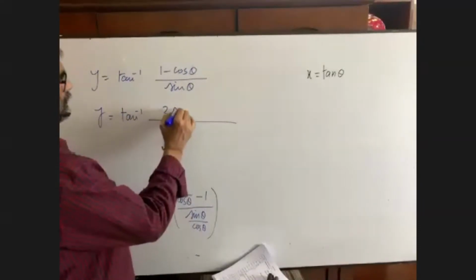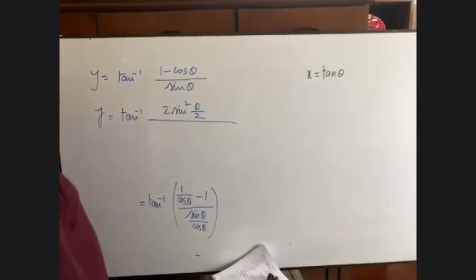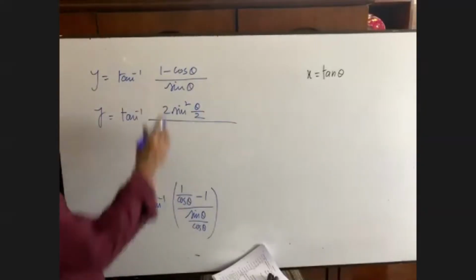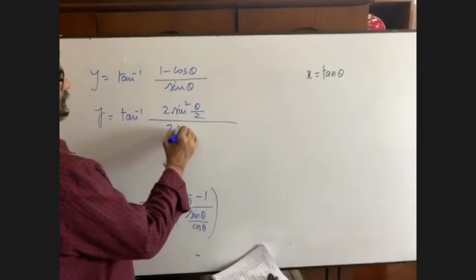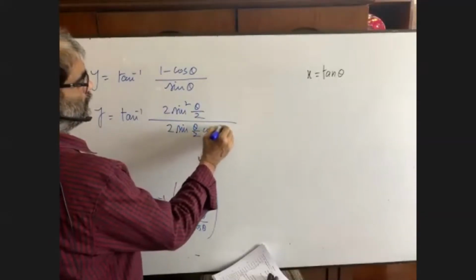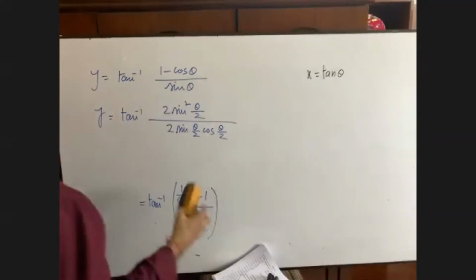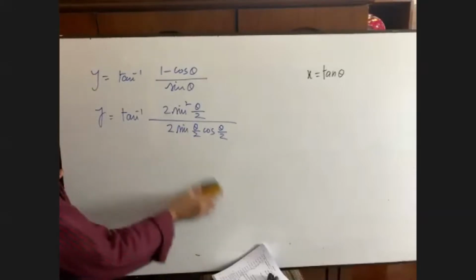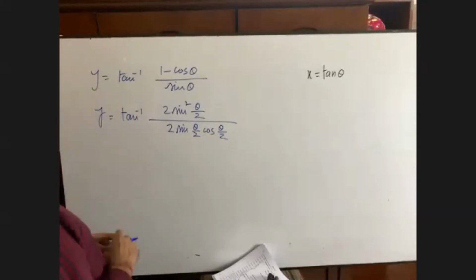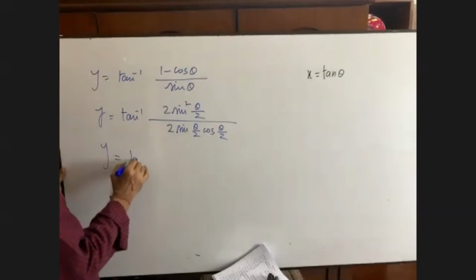2 sin square theta by 2, and sin 2 theta is 2 sin theta by 2 cosine theta by 2. You should not forget this pattern.